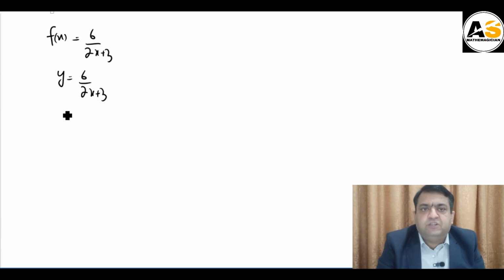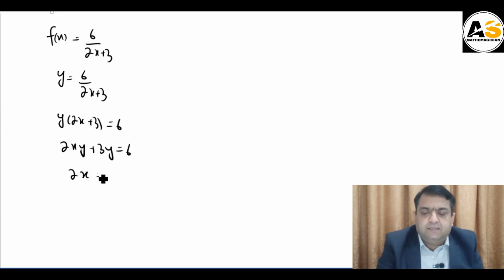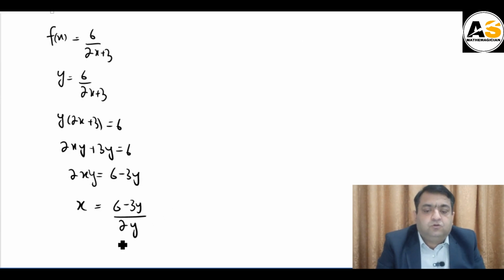In the second step, we solve this equation for x. 2xy plus 3y is equal to 6. 2x is equal to 6 minus 3y, and x is equal to 6 minus 3y over, there was y as well, so this will be 2y.